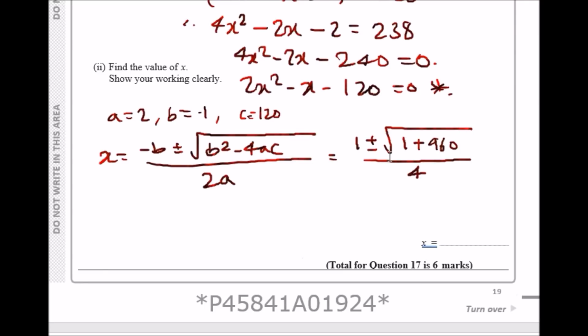And that's it. Because thankfully this is a calculator exam, just put the whole thing inside your calculator. You don't really need to do it in steps. Let me just type it all in. Oh wow, you get a whole number. So your first solution for x is 8, and your second solution is minus 15 over 2.